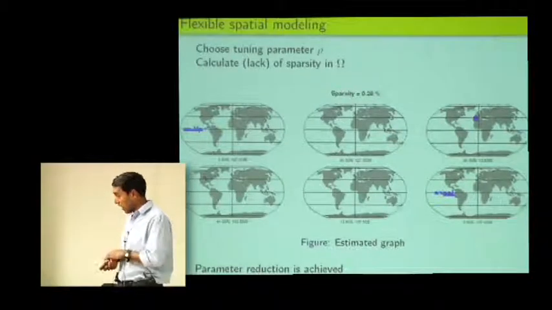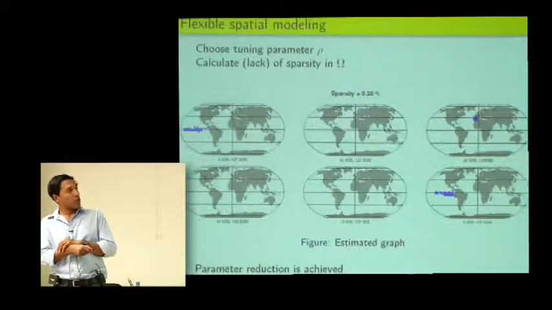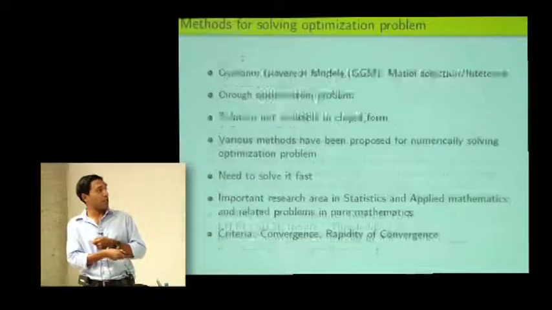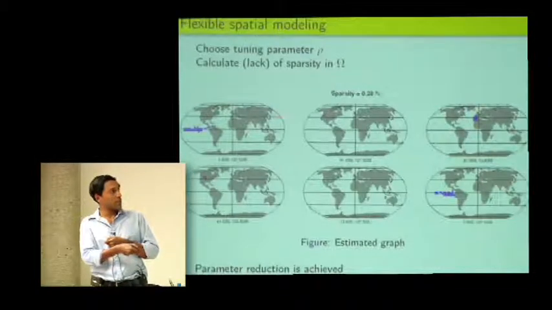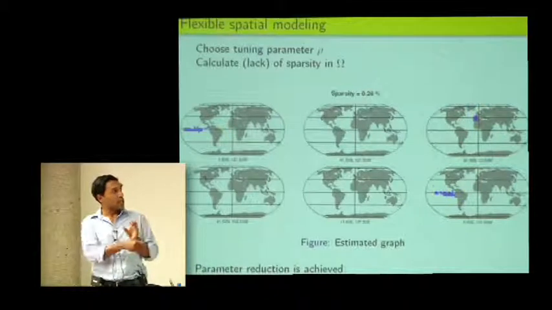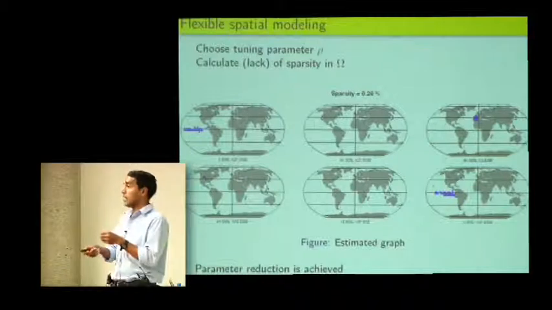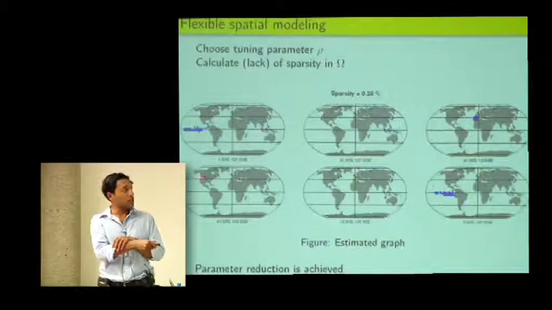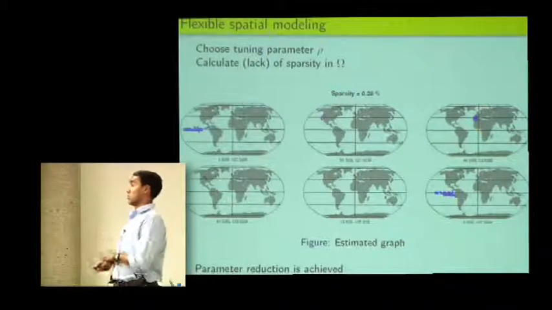So let me try and explain, in a nutshell, what it really does. If you look at the globe, right? If you choose a certain sparsity parameter here, what it really does is that at different points on the globe, it says who the temperature neighbors are of each point. You only need to really have these points, in blue, non-zero in the inverse covariance matrix.